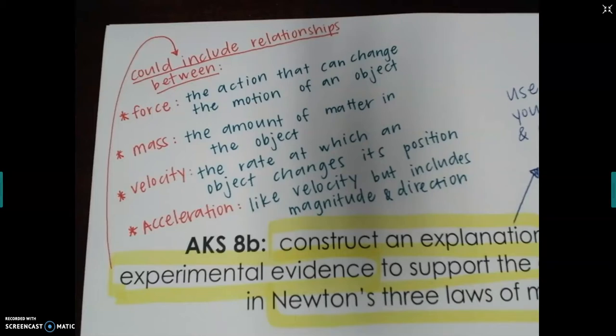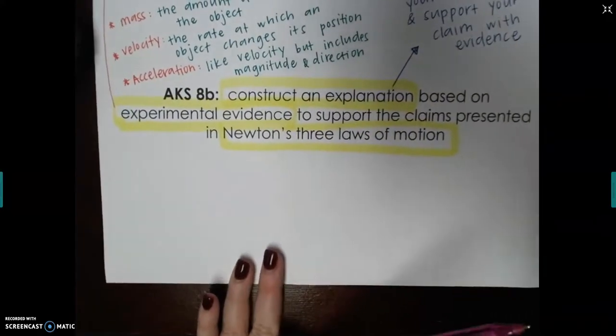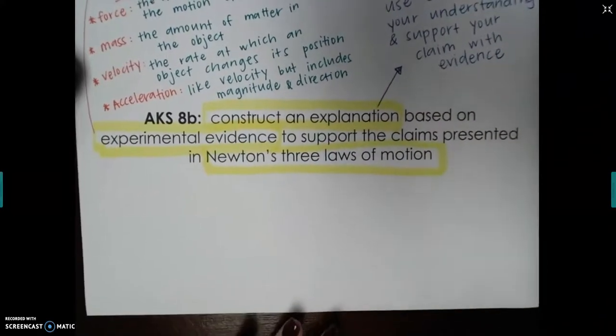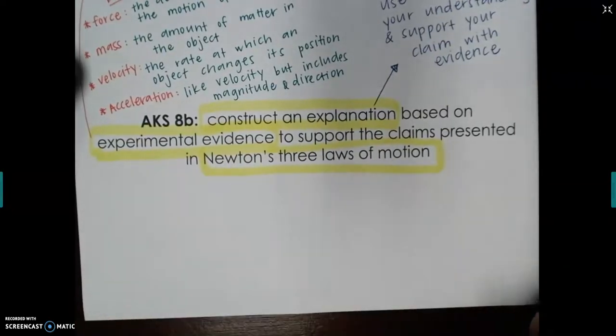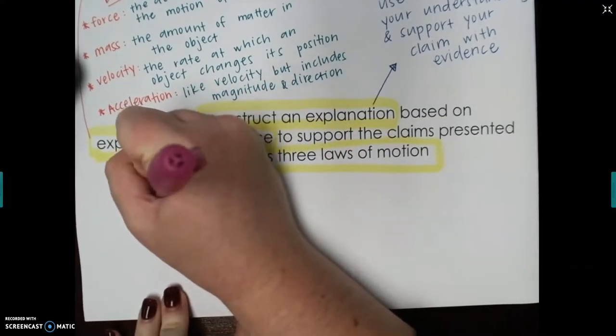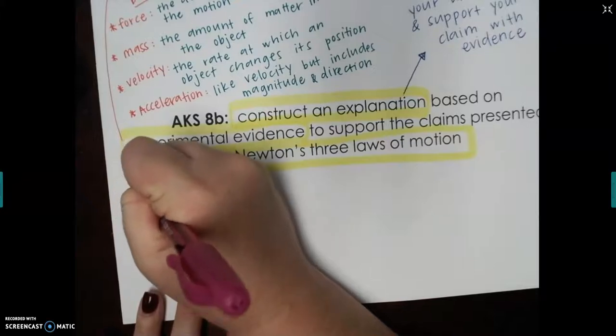Lastly, we're going to talk about that last key vocabulary that we marked, Newton's 3 laws of motion. And there are going to be 3, so I'm going to draw 3 little arrows and just try to make 3 sections here. So with my pink pen, I'm going to draw an arrow this way first, and I'm going to write the first law.